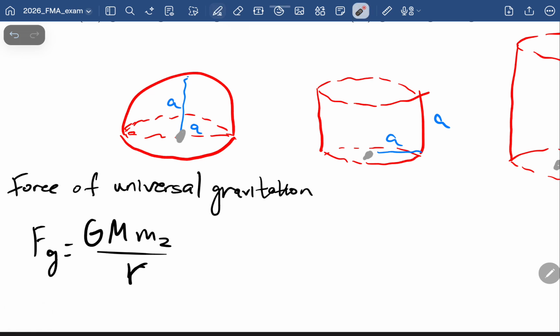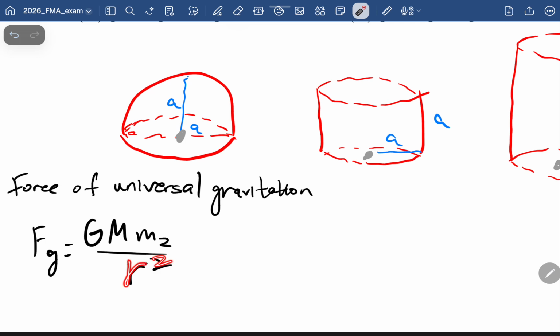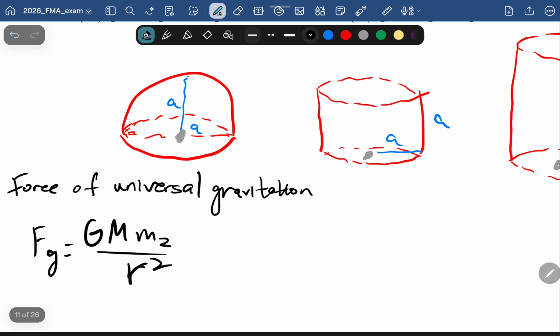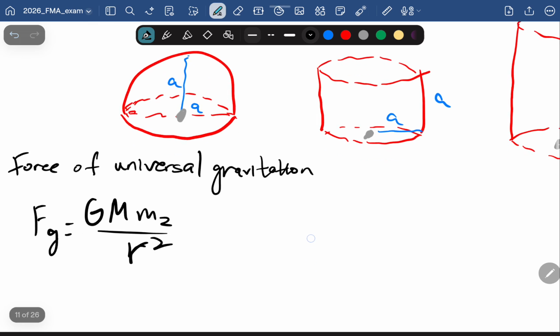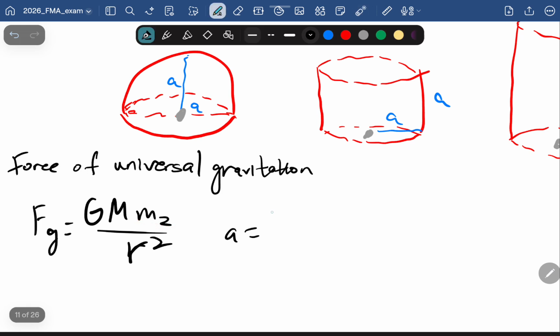Sorry, so r squared. So r is the distance from that arbitrary point to the center. Right. And so dividing this by this mass, we get GM over r squared.